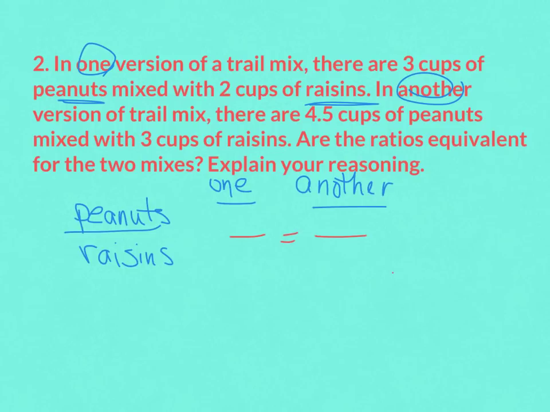So in the one version, there are 3 cups of peanuts, and 2 cups of raisins. And in another version of the trail mix, there are 4.5 cups of peanuts and 3 cups of raisins. Now, there are numerous ways to do this, but let's look at the first way to see if they share the constant of proportionality. And the way that we would do that is to simply divide.